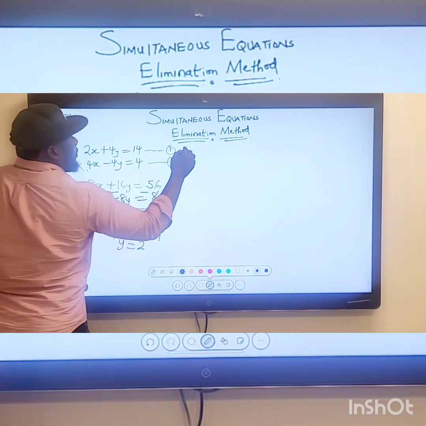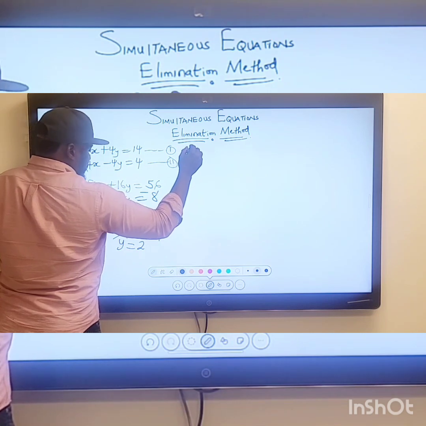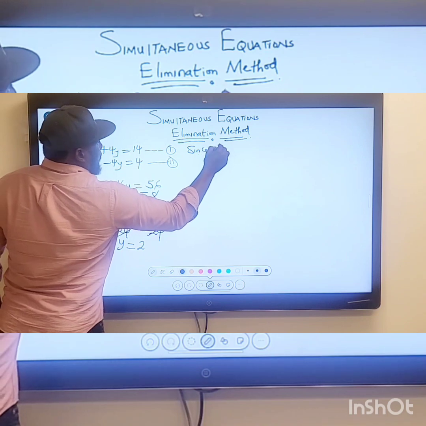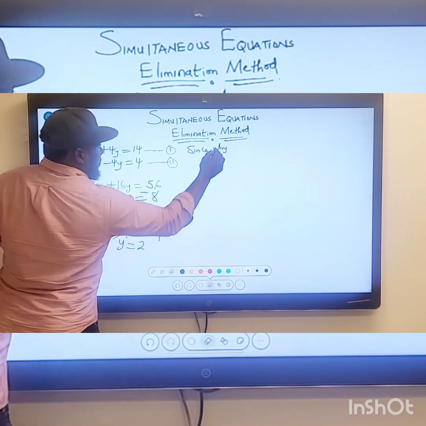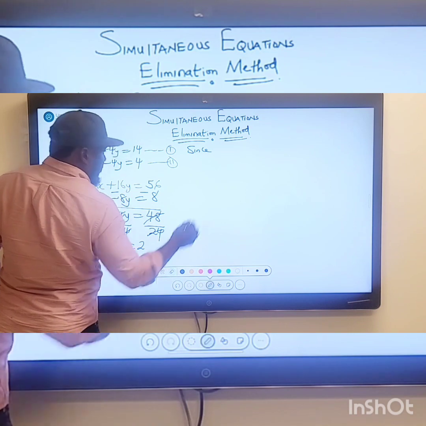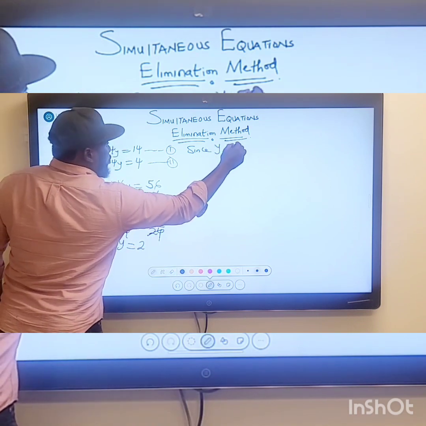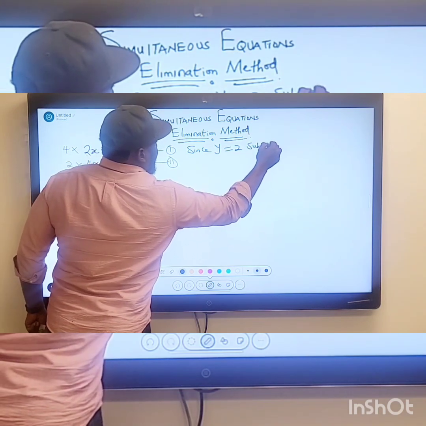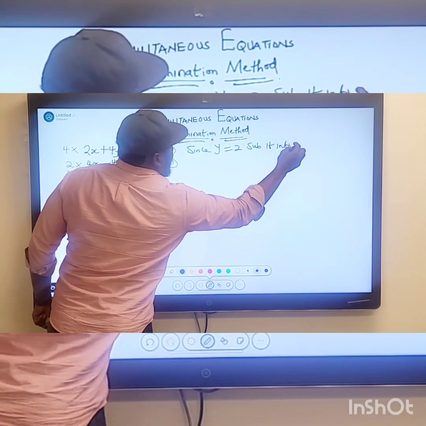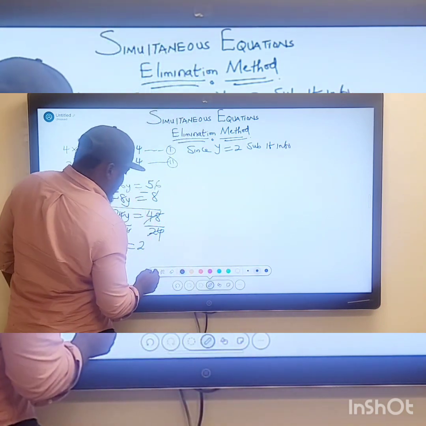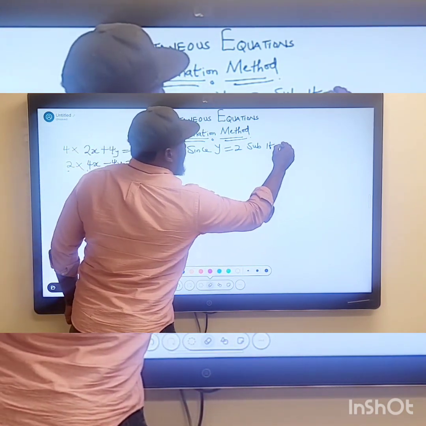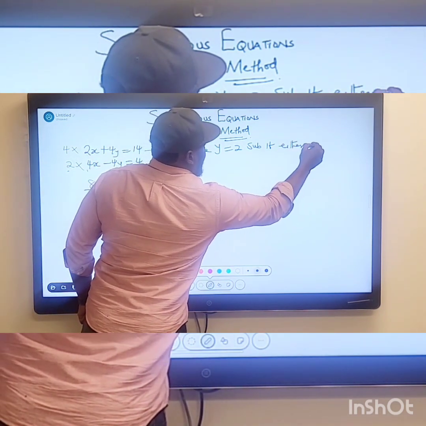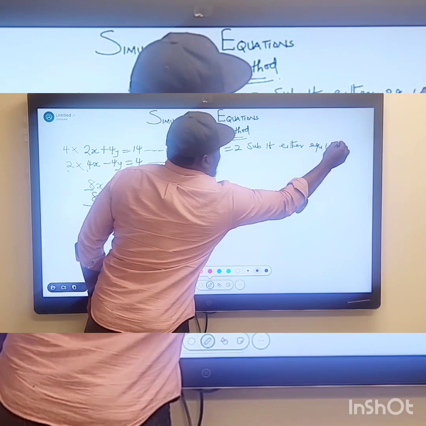Since y is equal to 2, you substitute it into either equation 1 or 2.